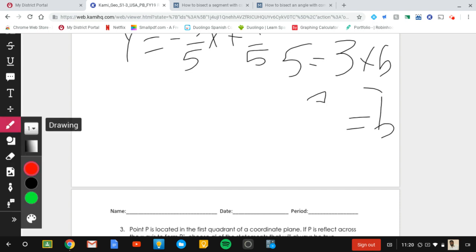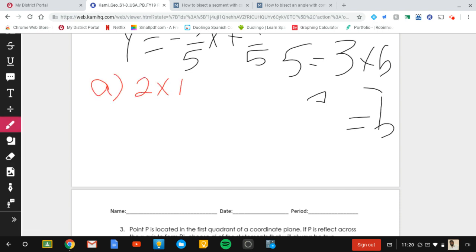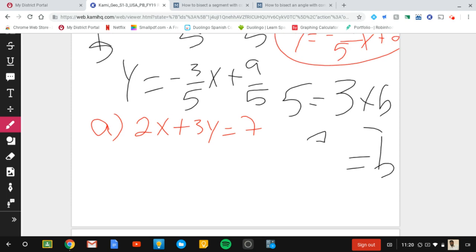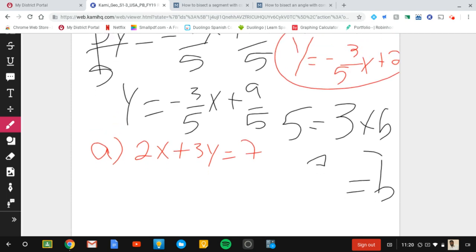A would say 2x plus 3y is equal to 7. B would be 3x plus 5y is equal to 10.